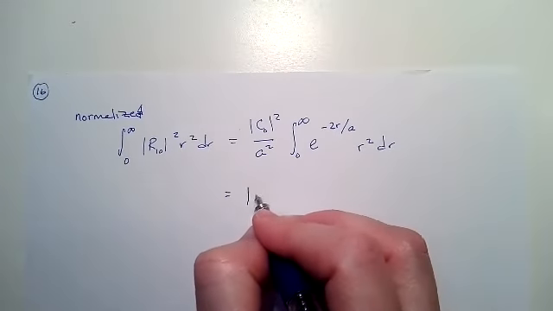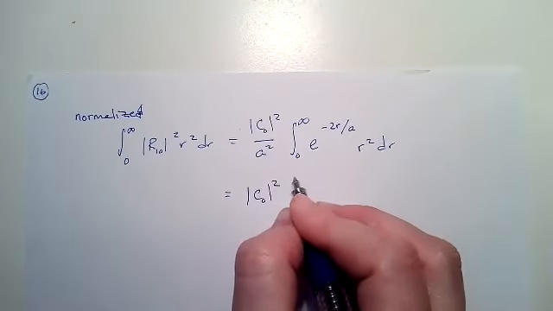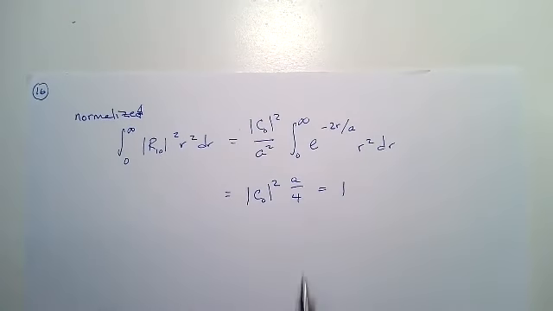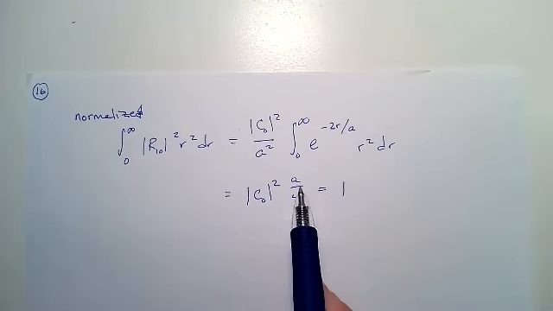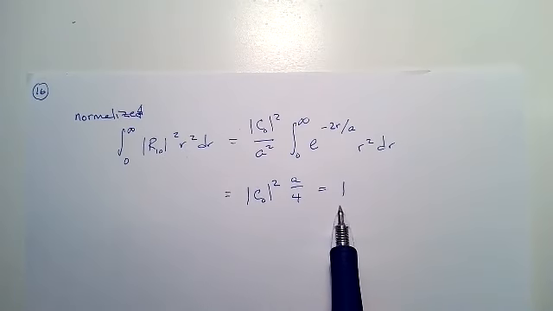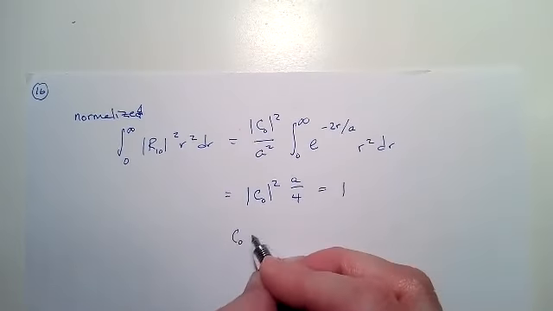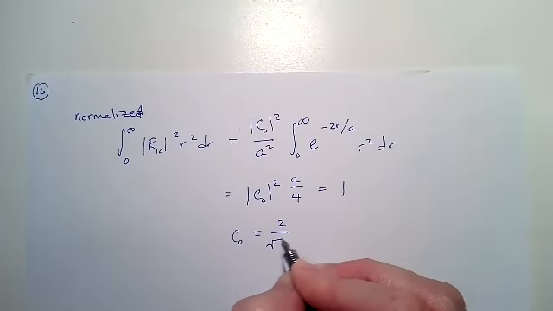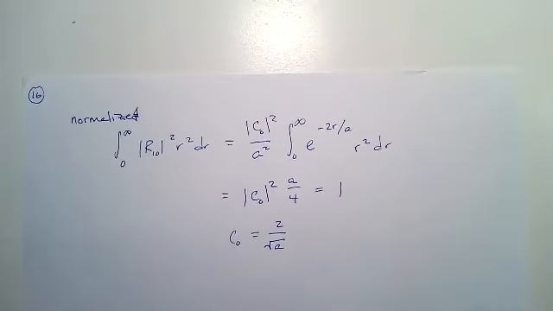That integration would give us this c0 squared a over 4. And we would want to set that equal to 1 for our normalization condition.